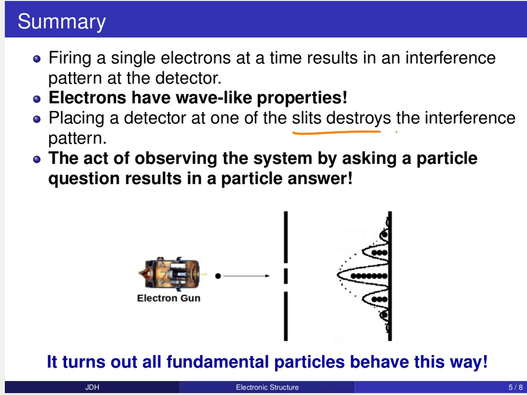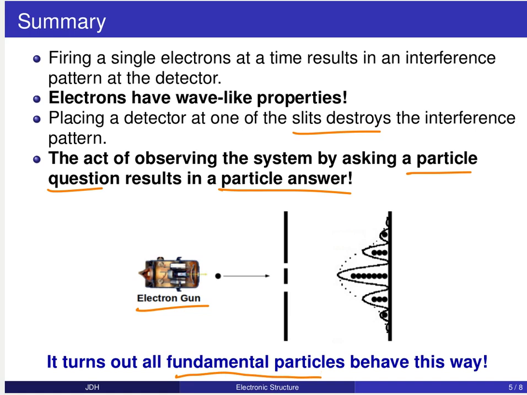And so we found that the act of observing a system, right, by asking a particle question, forces a particle answer. And so this is strange. It means that just like photons behave as both particles and waves, electrons turn out to behave as both particles and waves. And in fact, all fundamental particles behave as both particles and waves.